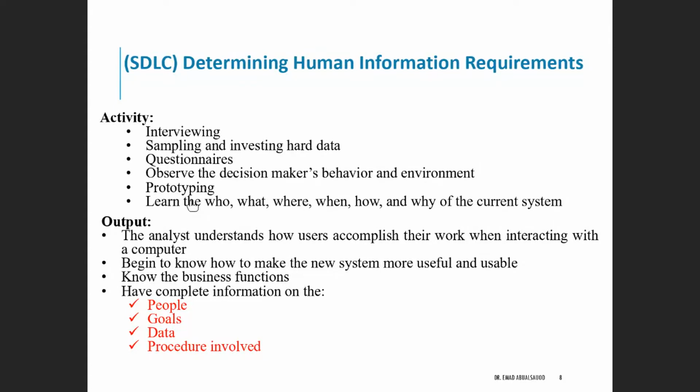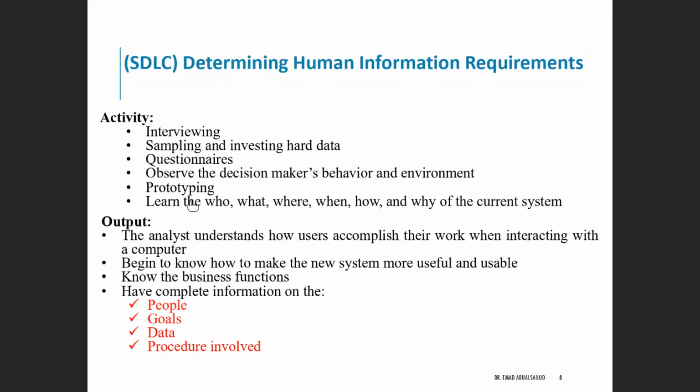Prototyping: sometimes if it's a product design, maybe you do prototyping at this level to see how it's going to look and the expectations people have of that prototype, so you can then proceed with the following steps. Learn the how, what, where, when, and why of the current system.